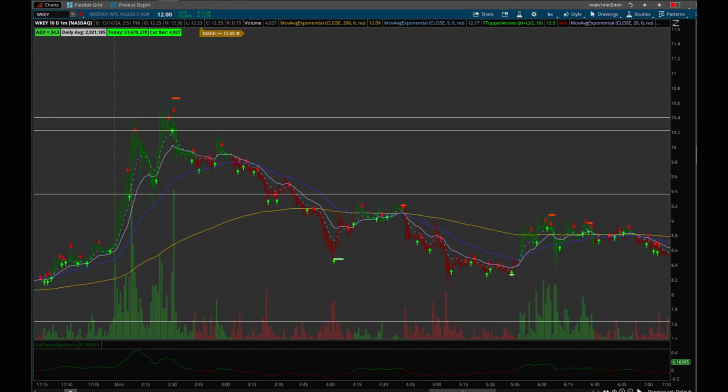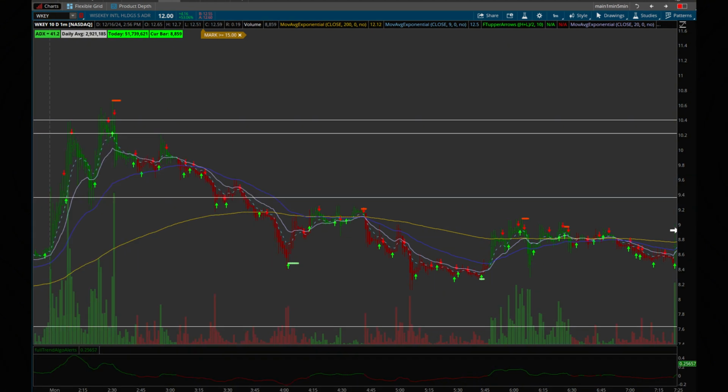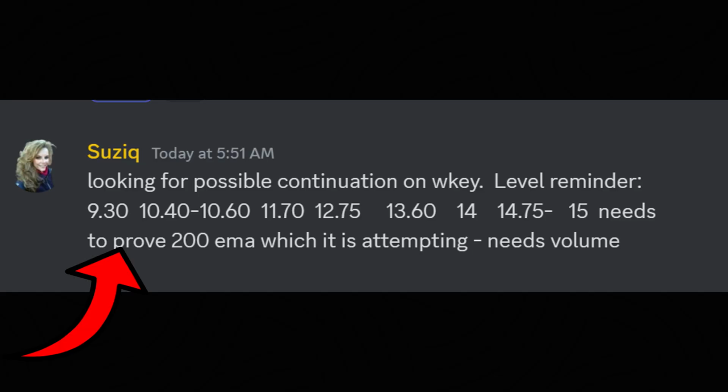The stock was still showing strong pre-market volume, a key ingredient for a successful reversal setup. These factors aligned perfectly for a high probability trade, and I shared with my Discord members exactly what I was looking for. A clear 200 EMA reclaim followed by strong buyer confirmation, and a roadmap of smart target levels.